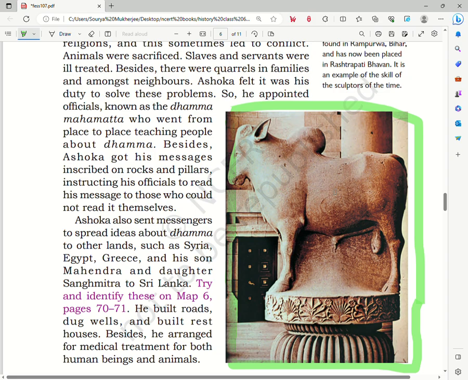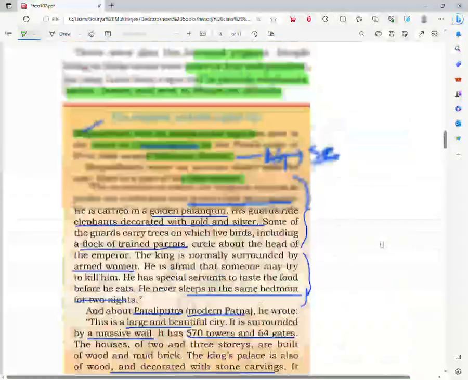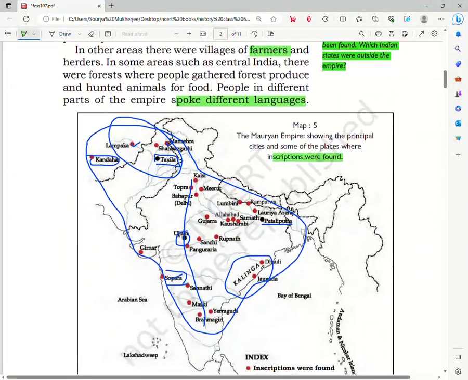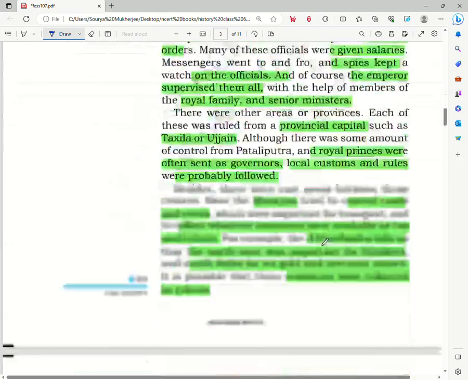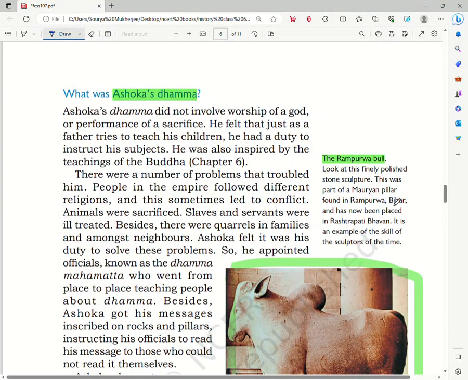This is of modern times, and it is known as the Rampurva bull. Rampurva was also marked in this map. We can see it is located over here near the India and Nepal border. This bull was found in that area. It is now placed in the Rashtrapati Bhavan.